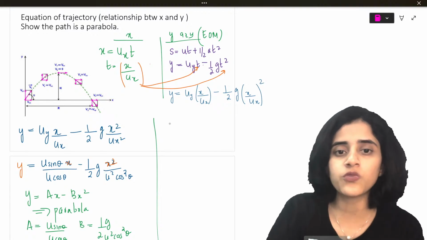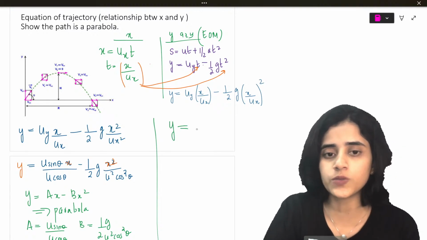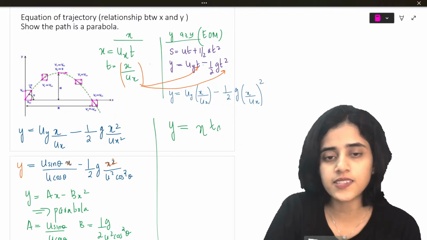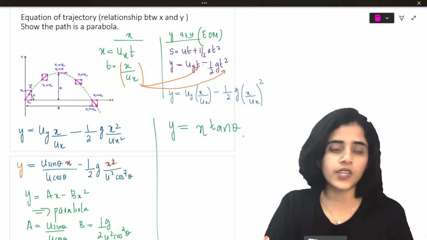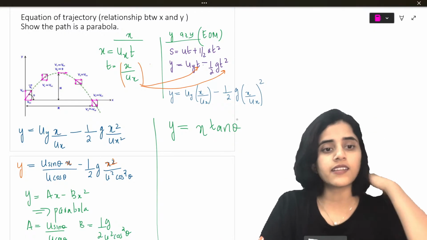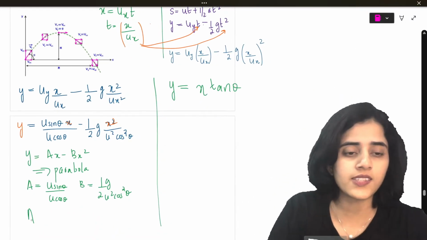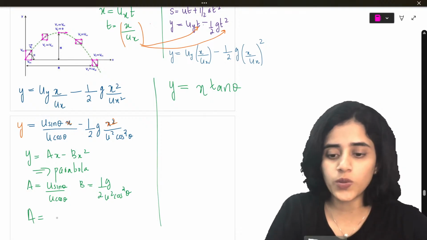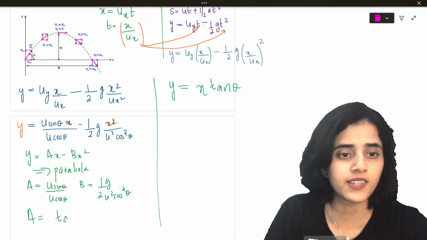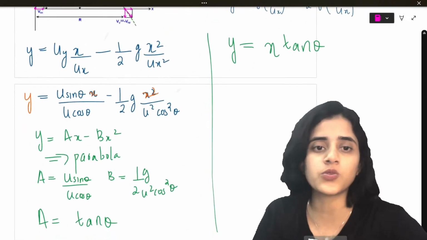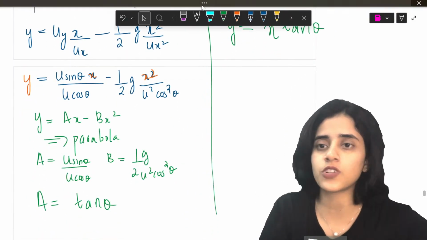So now we know that y is equal to x tan theta. Sine theta by cos theta, I can write it as tan theta. So a is equal to u and u will cancel, so this is basically tan theta. Students, here I forgot to write that.